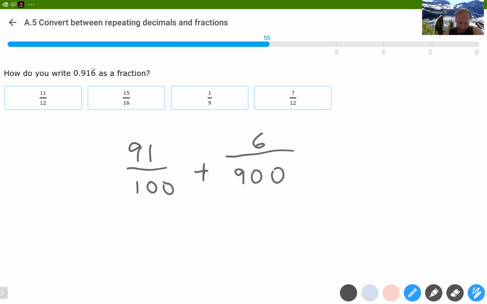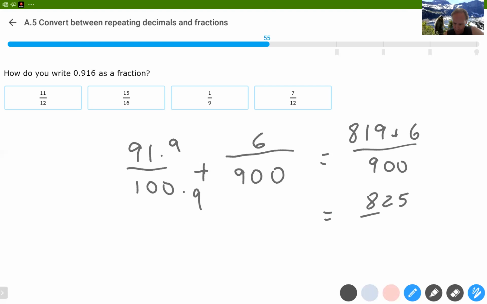Okay, so let's multiply by 9 and see what we get. 9 times 91 is 819 plus 6 over 900, which is 825 over 900.